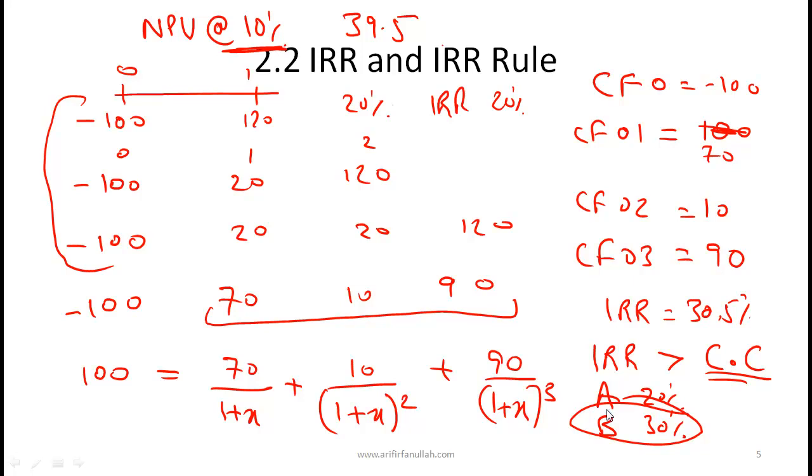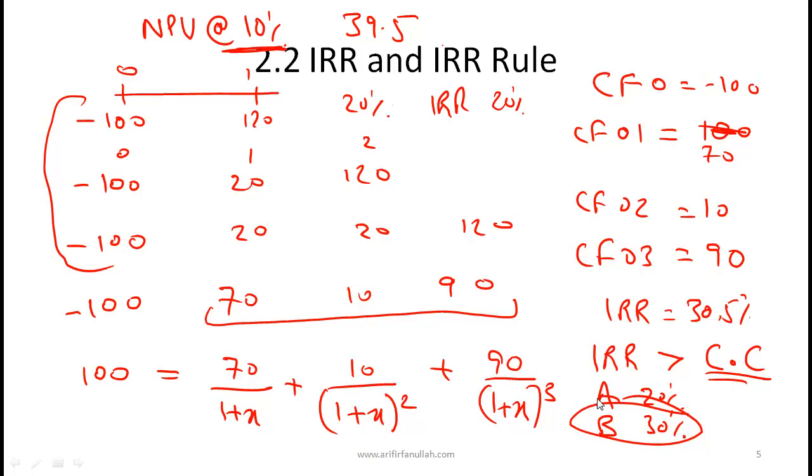Now just a link between IRR and NPV. Generally speaking, for a given project, if the NPV is positive, then the IRR will be more than the hurdle rate. I just want you to understand this well. NPV is positive means you are generating value for shareholders, as we just discussed.